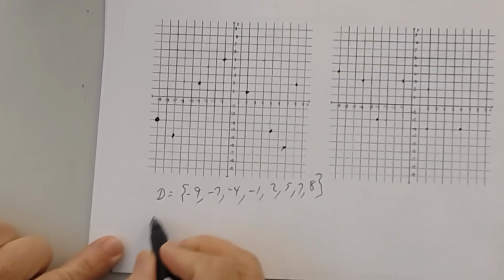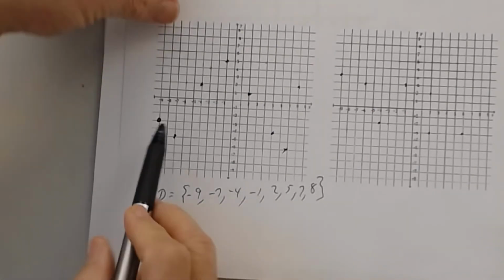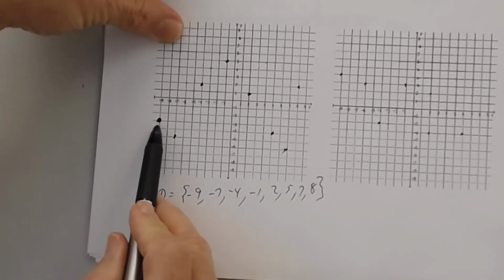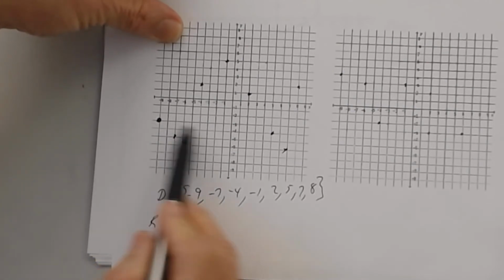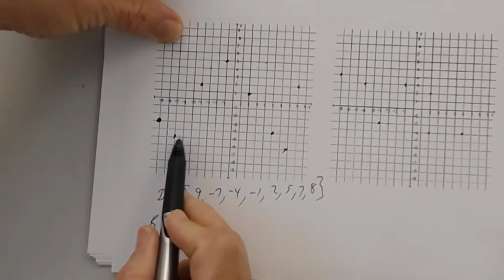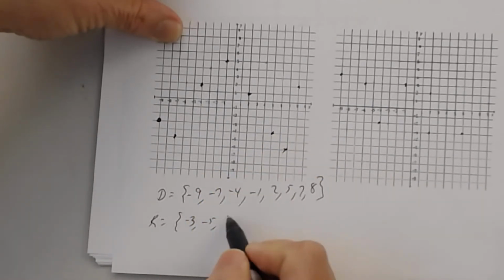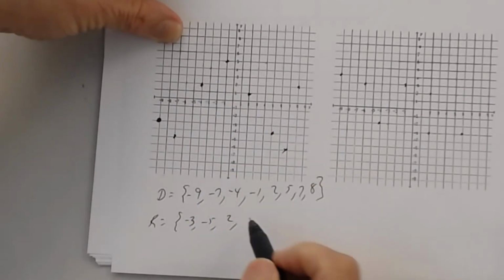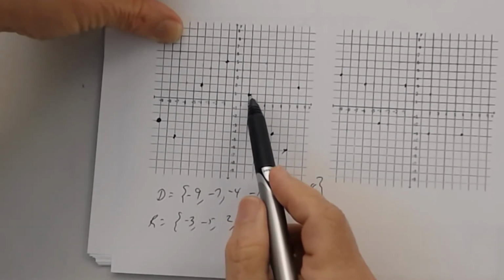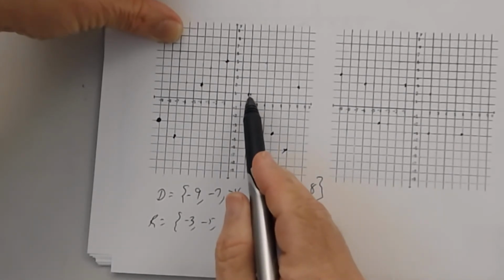What about the range? What's this y value? Just go from left to right. Negative 3. Negative 5. 2. 5. 2, we have it already.